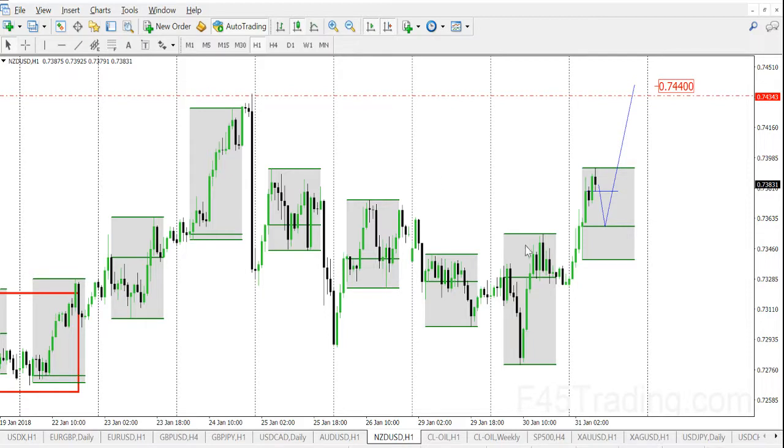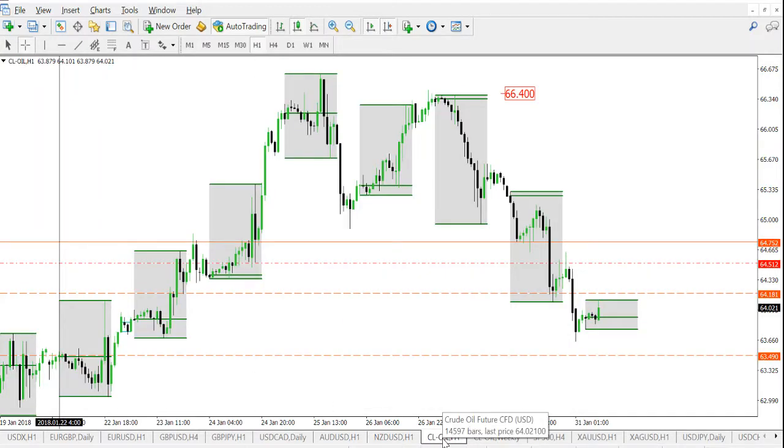That would be a nice little long scenario if we're going to see continued bullishness on this, which, again, is the same thing with the Euro USD. We're going to see bearishness, we're going to see bullishness on this. So yeah, that's not a bad little trade there. If you can get price to come down into the entry level, that would be okay. But I'll leave that one up to you. I don't want to go into that one too much.